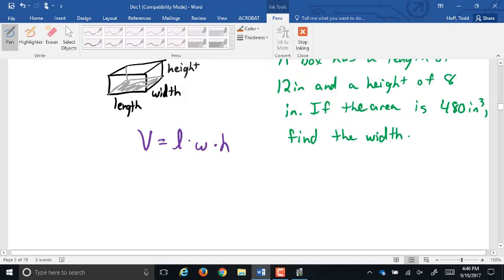So in our formula here, do I know the volume? That's the area up here. This should say volume. Sorry. I'm really off tonight. I'm sorry. So do we know the volume? 480.